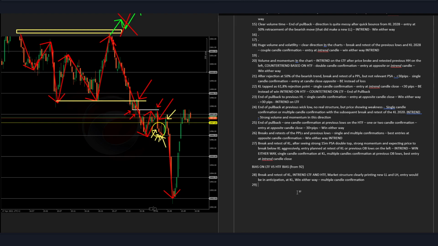So the trade is a break and a retest of key level in trend, lower time frame and high time frame, that's pretty much the same. Market structure clearly showing, printing a new lower low and a lower high, and they would have been in at strong candle confirmation.